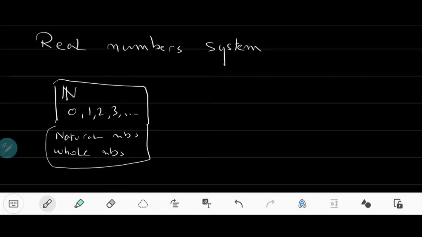Now, of course, one noticed the need of negative numbers, and it's also a natural need. Why? Because let's say if I want to exchange bananas with apples, I would give the guy 3 bananas, he will give me 5 apples, whatever.